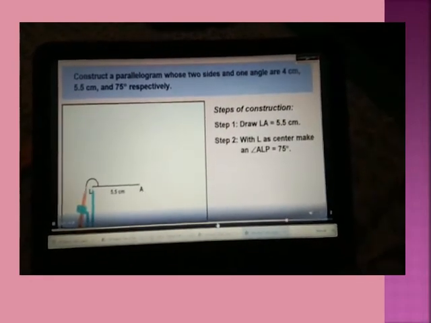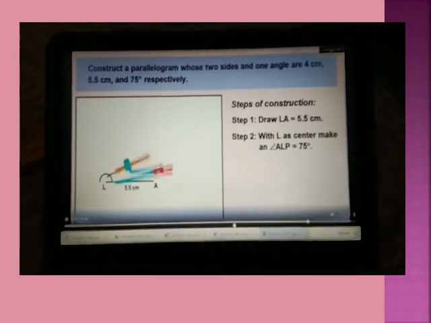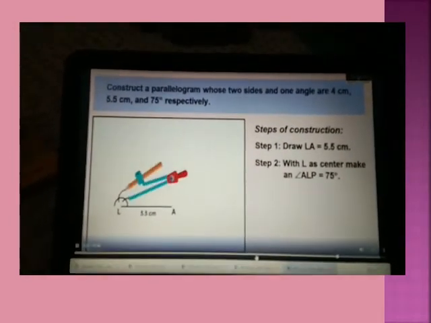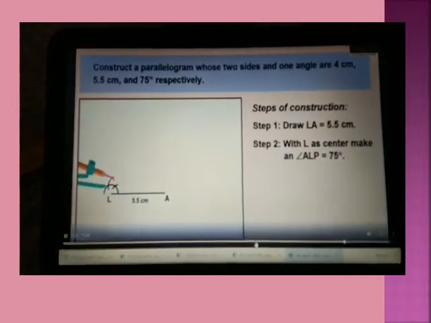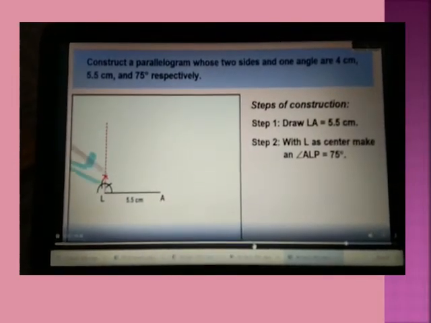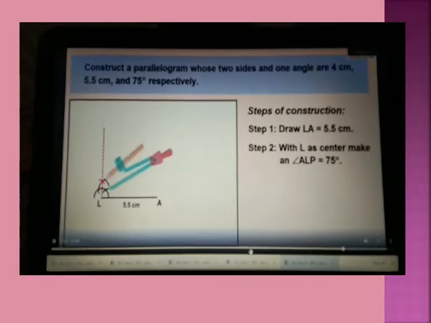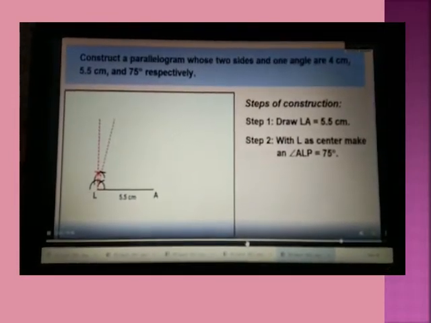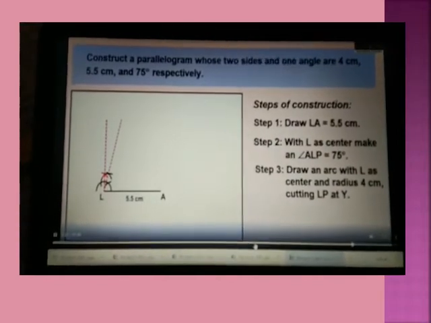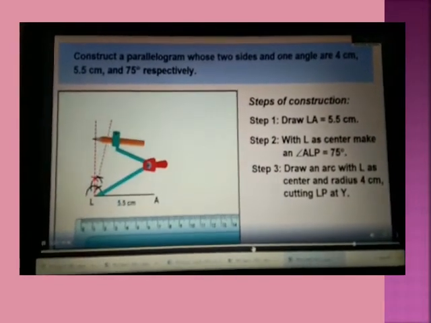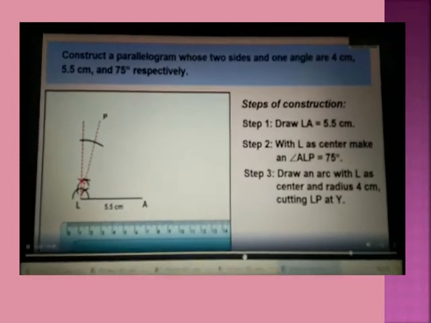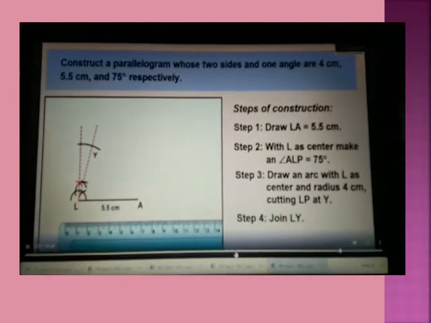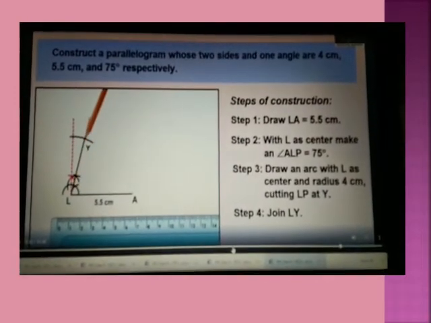With L as center, make an angle ALP of 75 degrees. Step 3. Draw an arc with L as center and radius 4 centimeters, cutting LP at Y. Step 4. Draw LY.